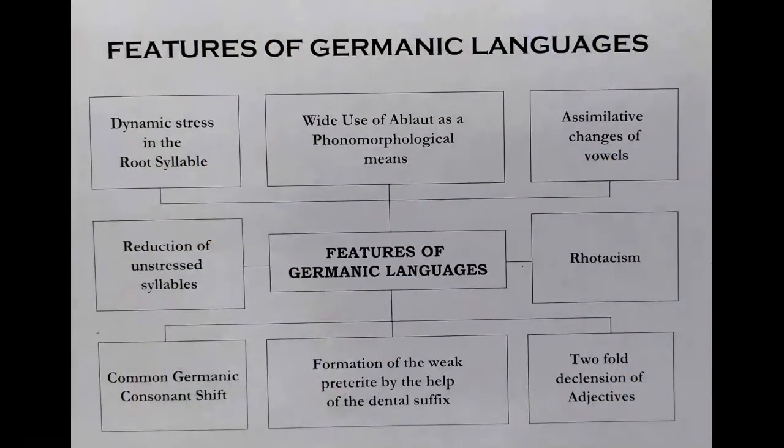Next, reduction of unstressed syllables, one of the main features of Germanic languages. Reduction means weakening of unstressed syllables, weakening of vowels in unstressed syllables. Why does it happen? It's because in all these languages, when the stress is dynamic, when the first or initial syllable is stressed with force, it has forceful stress, there is little power left for the second and third syllables.